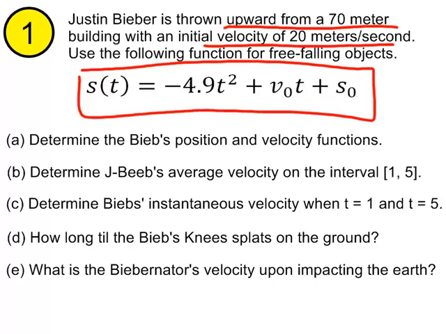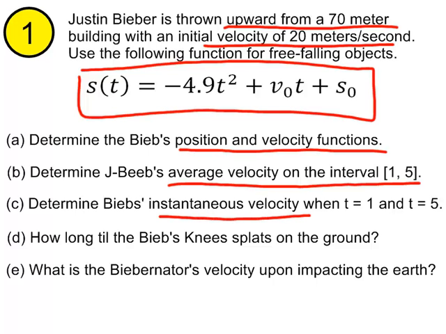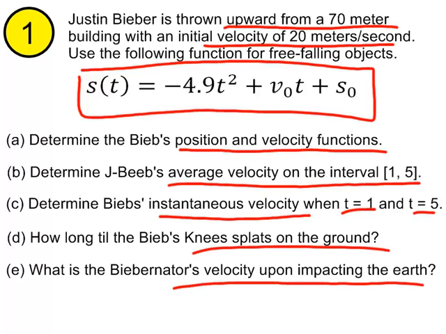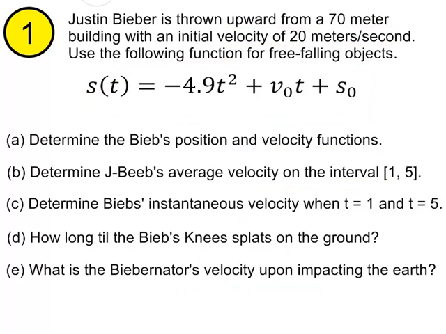Later on in integral calculus, we'll get some further insight as to why that equation is the way it is, but for now, we'll take it as a given. And then we're asked questions about the position and velocity functions, average velocity on a certain interval of time, the instantaneous velocities at both of those times, amount of time till Justin hits the ground, and his velocity upon impact. So let's just focus on part A.